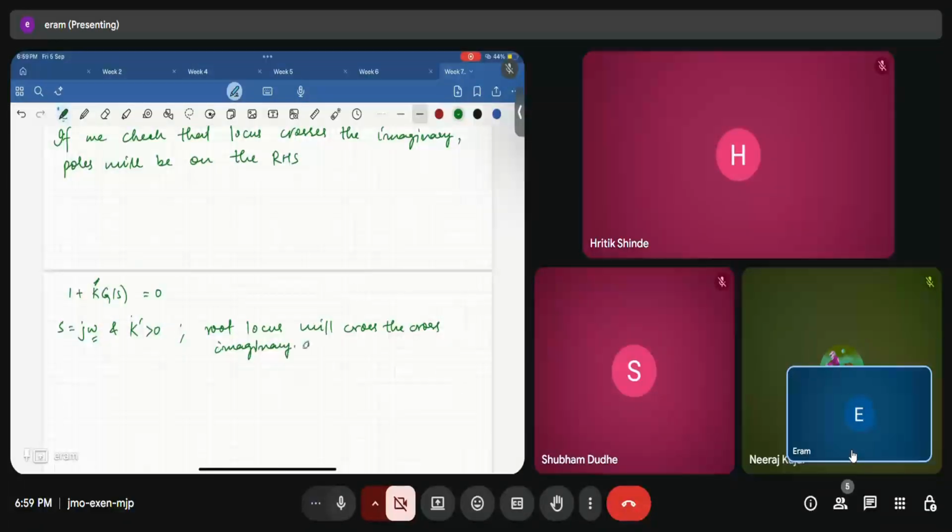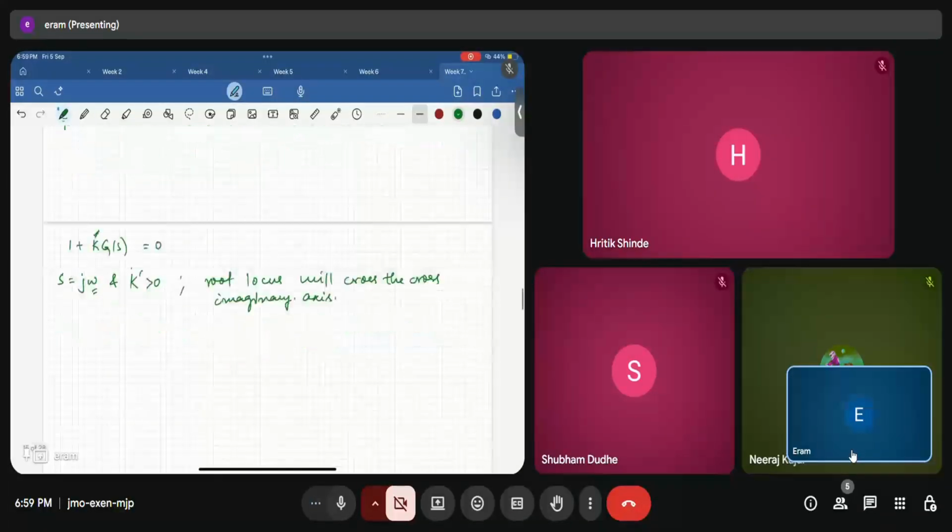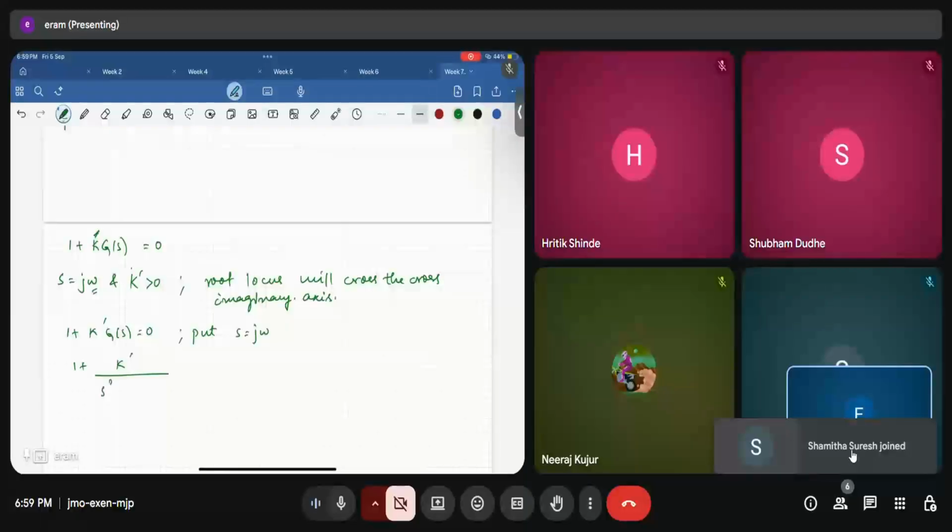Okay, so let's check this condition. We have 1 plus k dash into g of s equals 0, and we have to put s as j omega, real part as 0. If we do so, we will have k dash divided by s cube plus 2s square plus 5s equals 0.